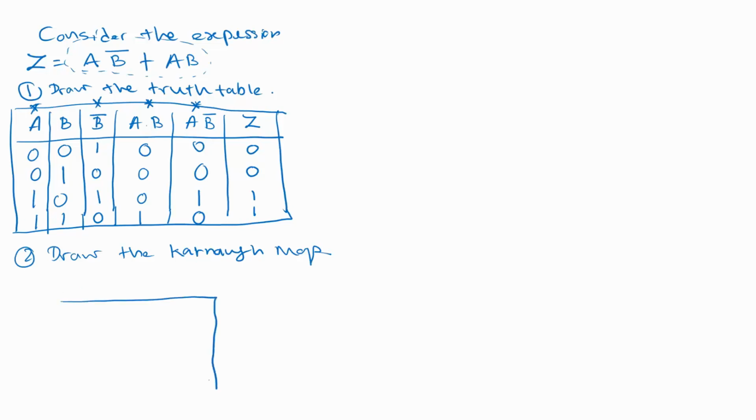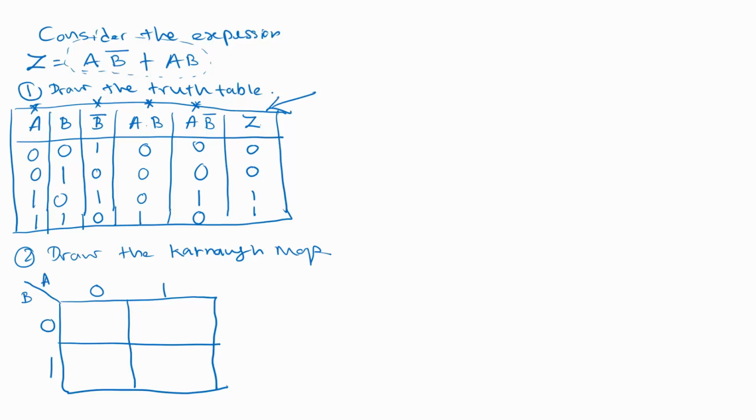Since we have two inputs, we need 4 boxes here. A this side, B this side, with 0, 1, 0, 1. Right? So now we are going to enter this output into the Karnaugh map.